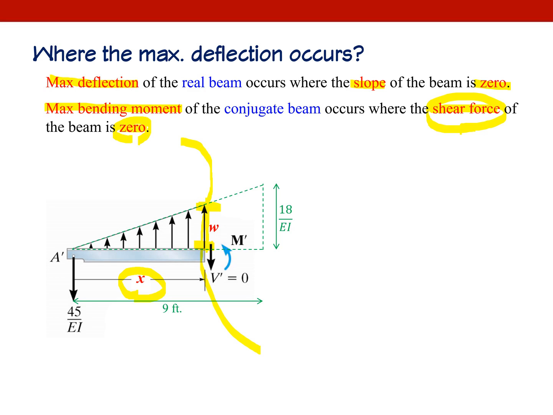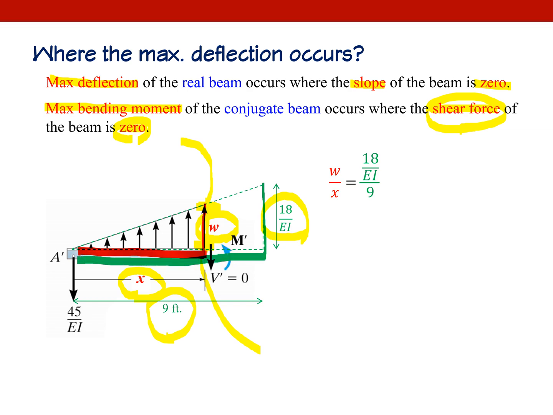Then how can we find x and omega, both of them? We are going to use similarity of the triangle, because the large triangle was given as 9 feet and 18 over EI. So we have this relationship: omega over x is the same as 18 over EI over 9 feet.